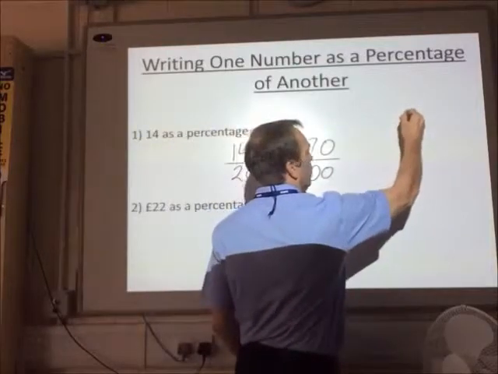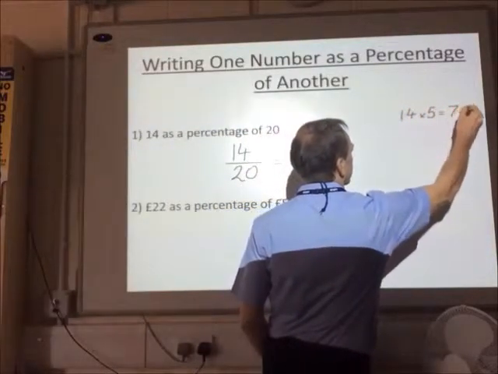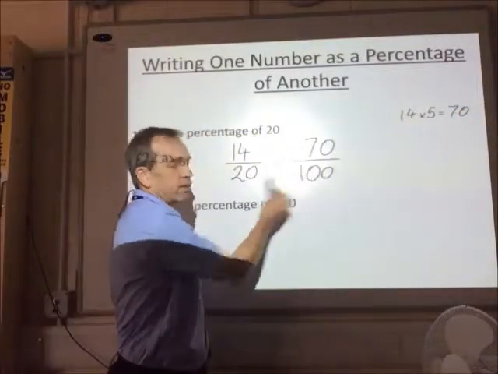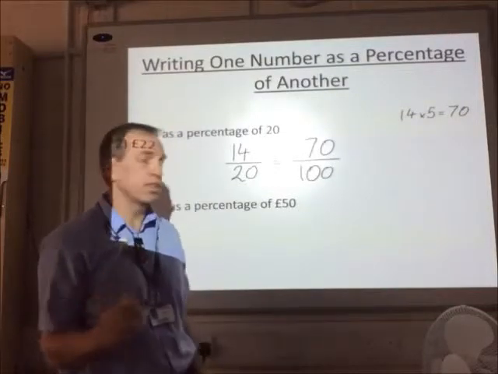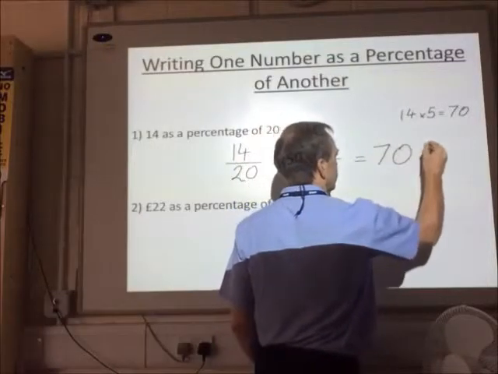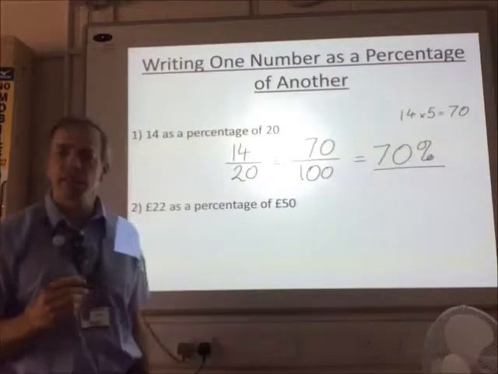So for working, 14 times 5 gives me 70. Now I've got 70 out of 100. Because it's out of 100, I've got my percentage, so that equals 70%.